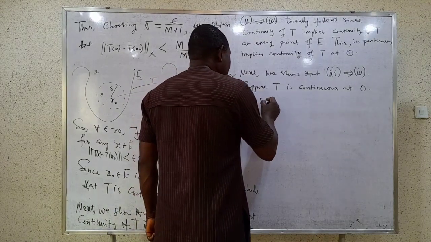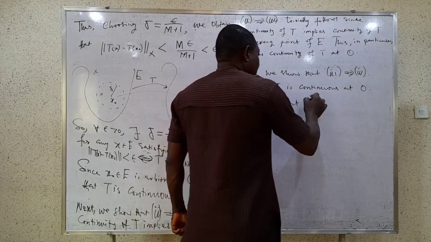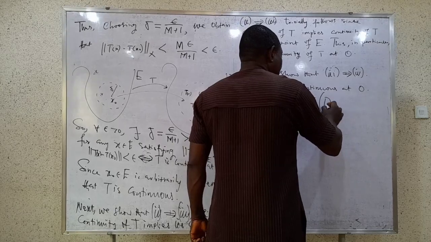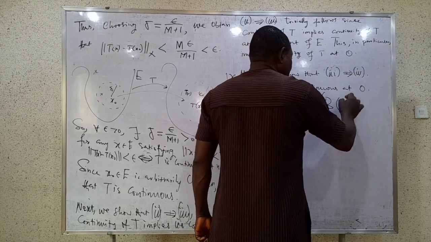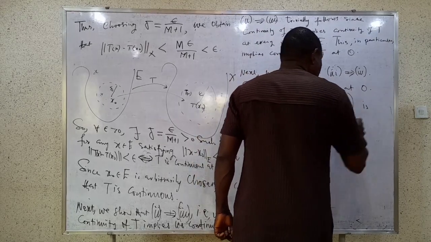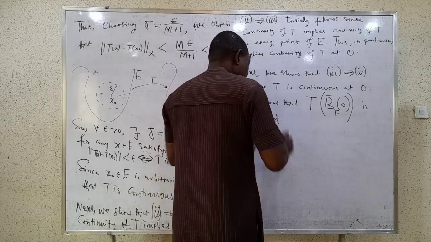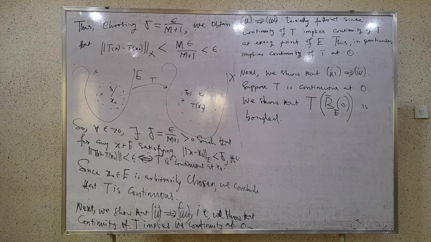We show that T of the closed unit ball centered at 0 is bounded. So that the image of that ball is bounded.